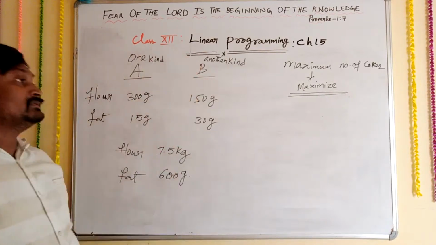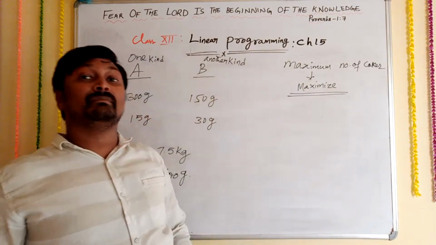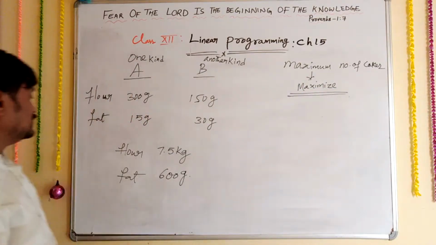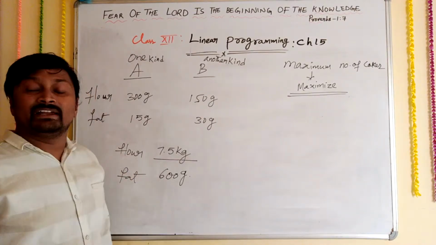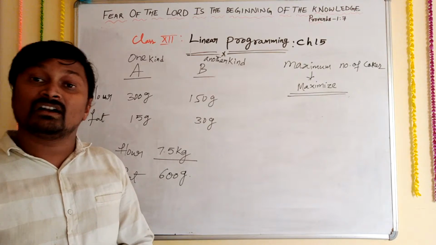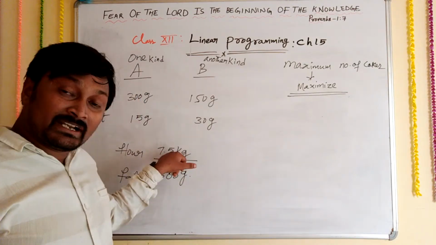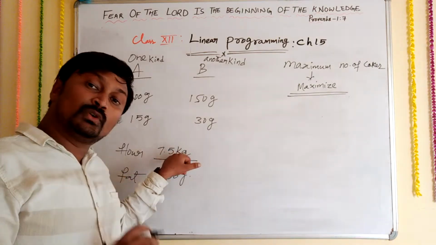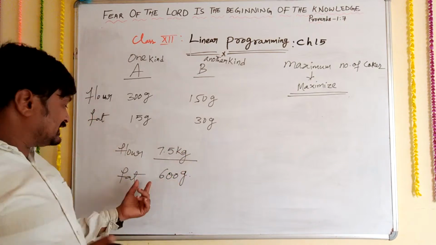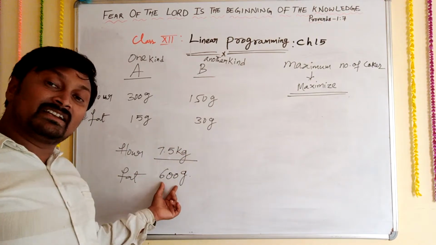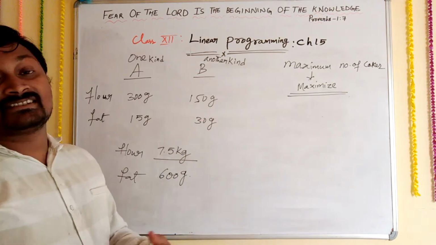So then I need to maximize the number of cakes. Now flour they given to you is 7.5 kg only, not more than that. We need to use less than 7.5 or you can use total 7.5 kg also. And same method fat also, 600 grams you have to use, but more than that it is not available.